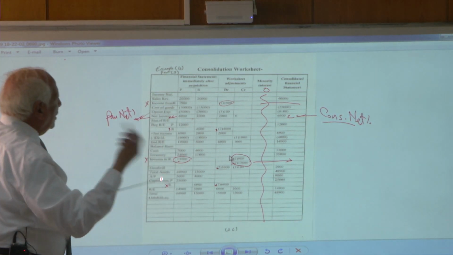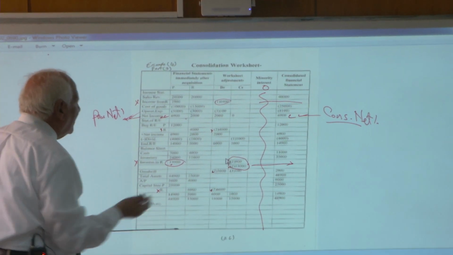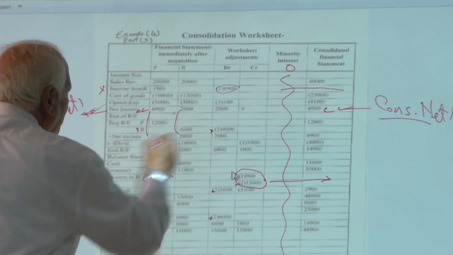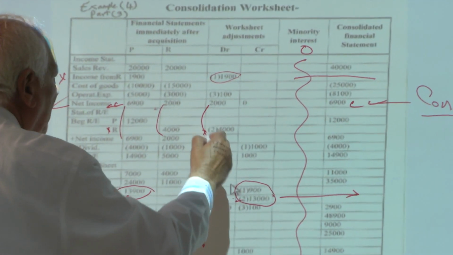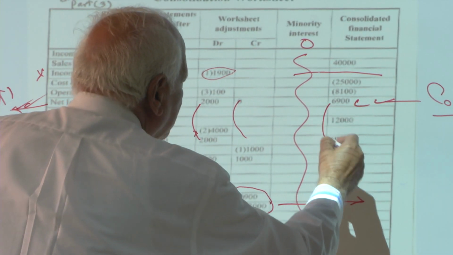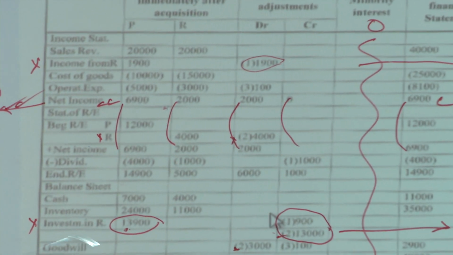Okay? Go to the second one. Second one, you have to put this one down, 6,900, you remember? You have to put this one down, you have to put 2,000 down, you have to put this 2,000 down, and this one here, 6,900, put it down. Okay? Let's continue, retained earnings, the same thing.